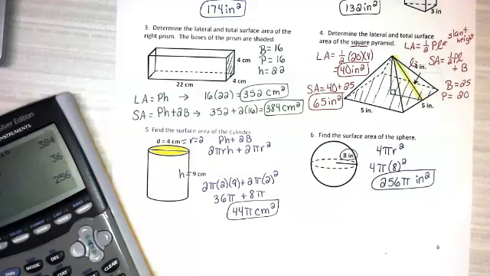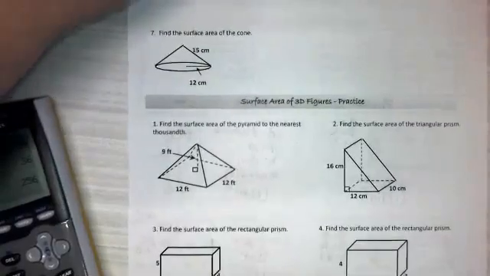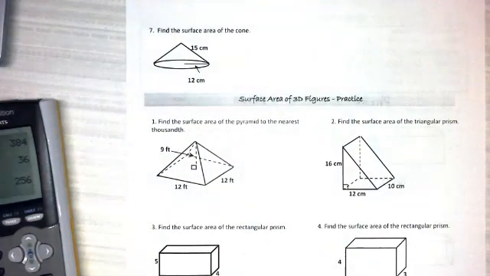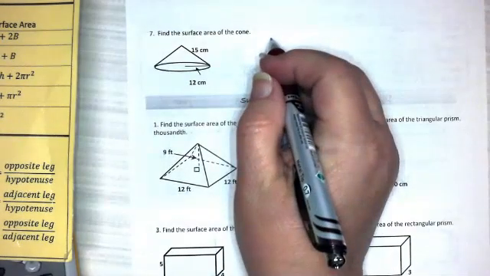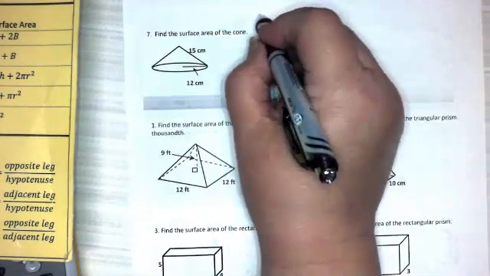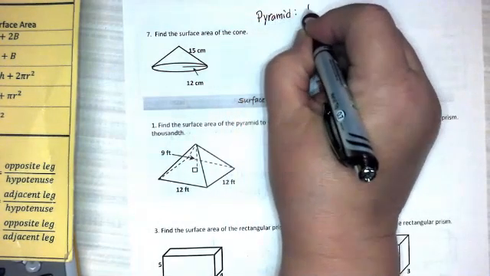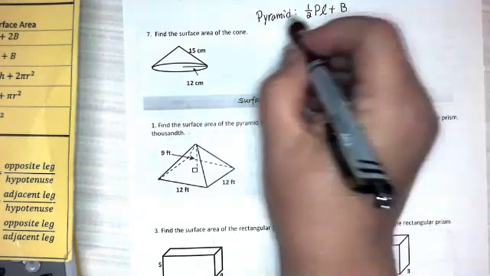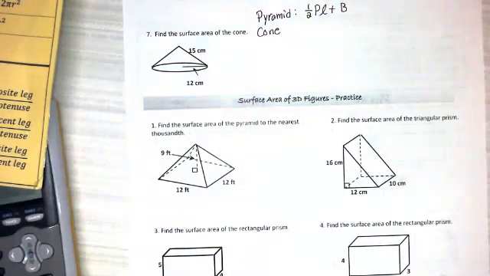All right, we got one more shape. We're going to do a cone. It's on the next page. All right. Find the surface area of the cone. Well, surface area of a cone is kind of like the surface area of a pyramid. I'll show you how those formulas are similar. A pyramid says 1/2 PL plus B. But in a cone, what's the shape of my base?